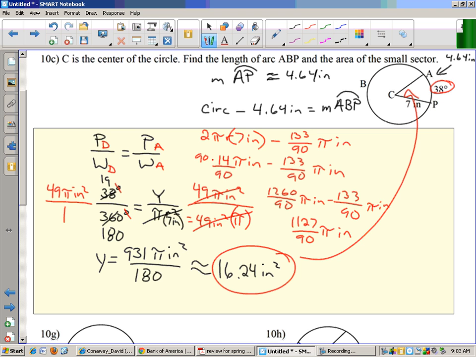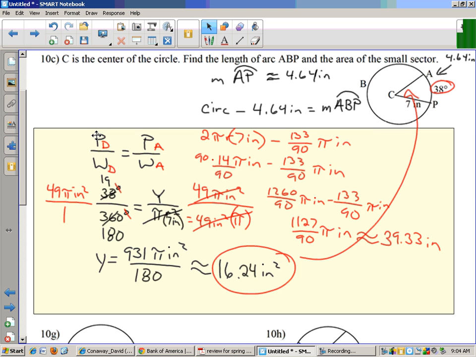And let's see, is 1127 going to be divisible by 3? 7 plus 2 plus 1 plus 1, no, that is not going to be divisible by 3. I don't think 1127 over 90 is going to reduce. So you can give me what the approximate of that is. What's the approximate of 1127 over 90 pi going to be? 39 point what? 0.33 inches. 39.33 inches.